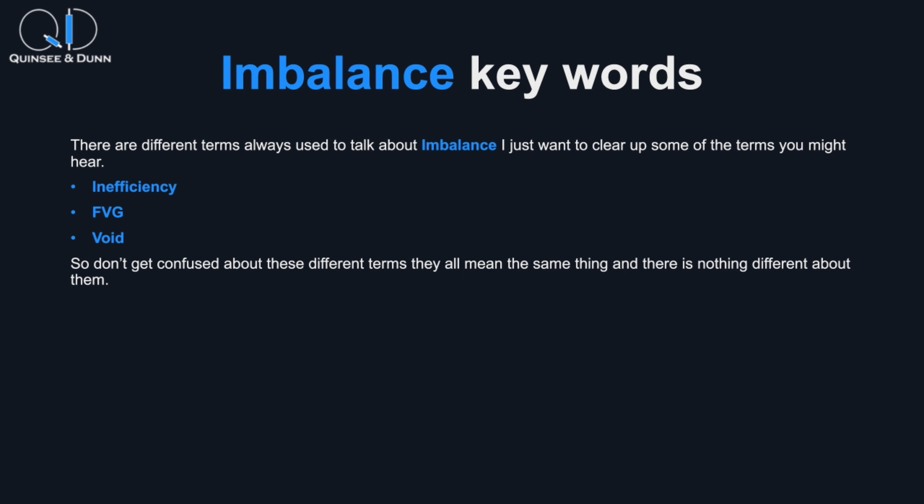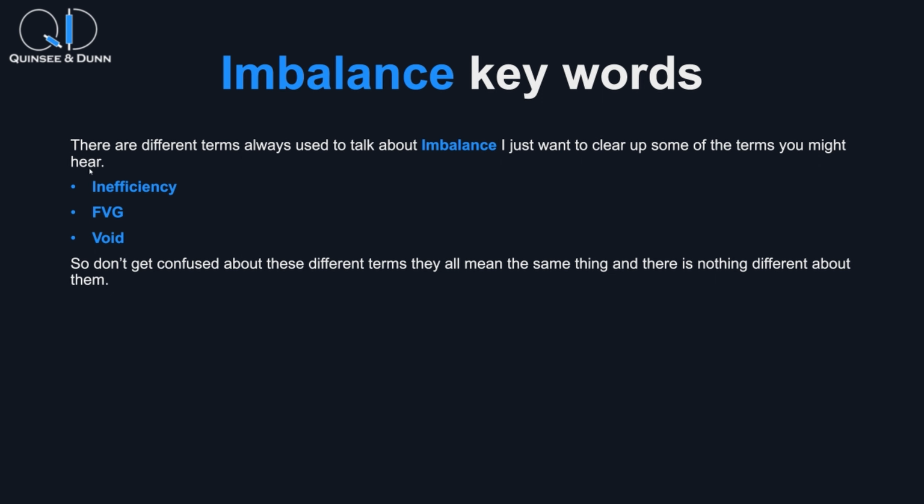Alright, so now imbalance. I just want to go over some keywords because there are different terms always used about imbalance, and I just want to clear up some of the terms you might hear. So I have mentioned inefficiency in this video. You might hear that getting thrown around, same with FVG and void. So don't get confused about these terms, they all mean the same thing, and there's nothing different about them at all.